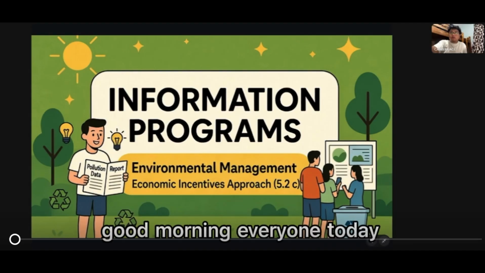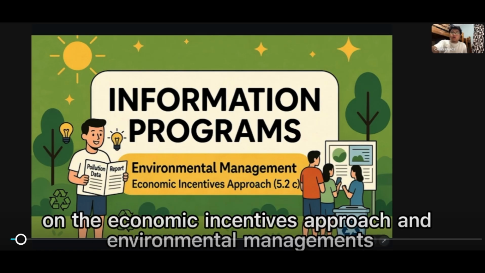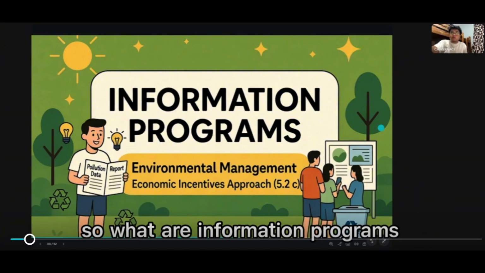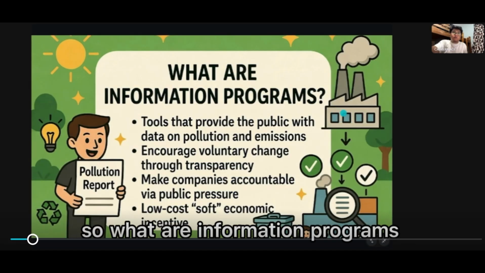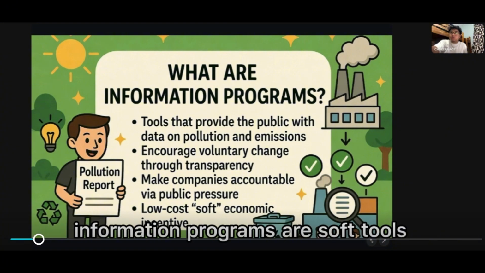Good morning, everyone. Today, my group is presenting Chapter 5.2 on the Economic Incentives Approach in Environmental Management. So, my part is information programs. So, what are information programs? Unlike strict rules or financial penalties, information programs are soft tools.